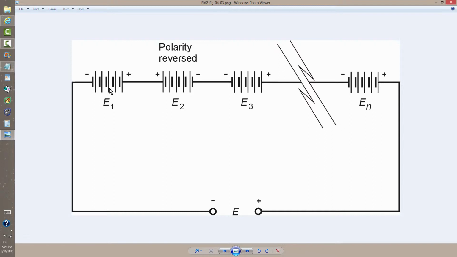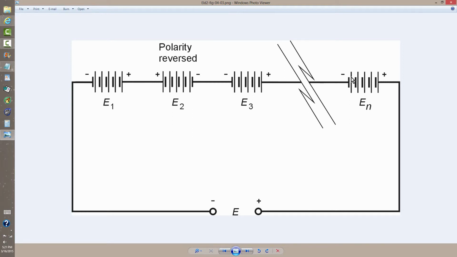So instead of 1.5 plus 1.5 plus 1.5 plus 1.5, you get 1.5 minus 1.5 plus 1.5 plus 1.5, or 3 volts. You could think of 0 for these two combined and 3 for these two combined.